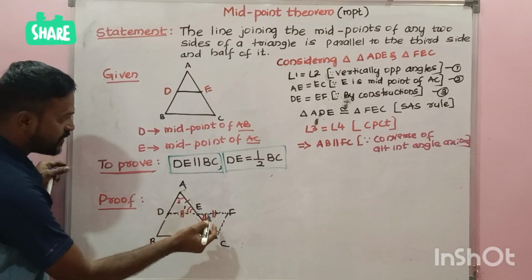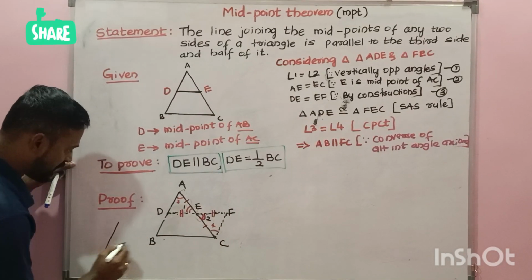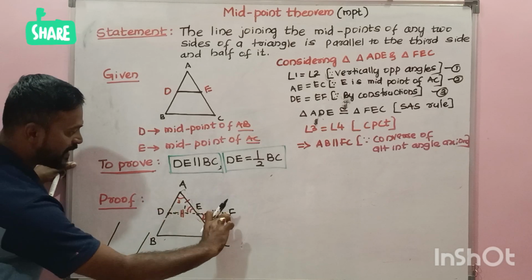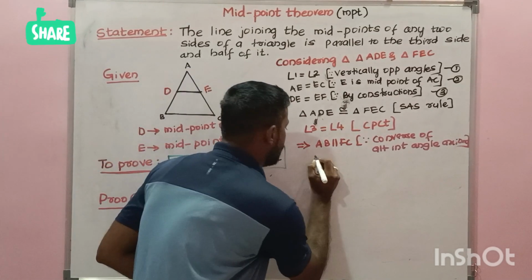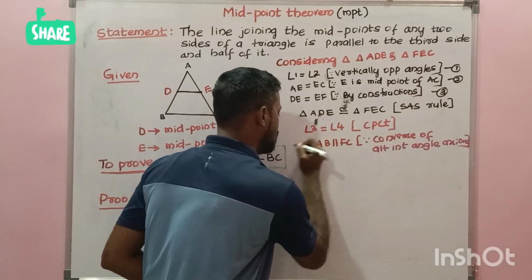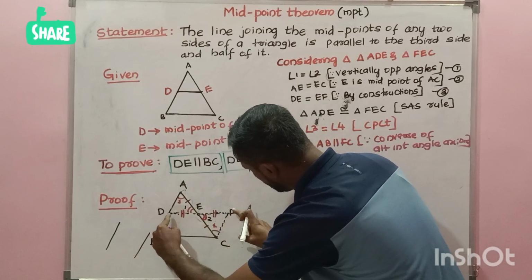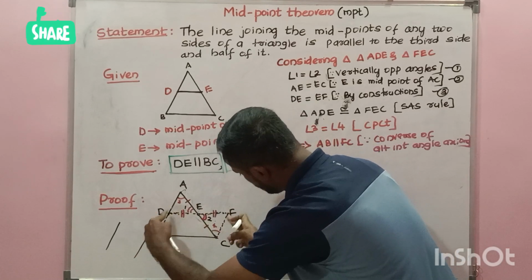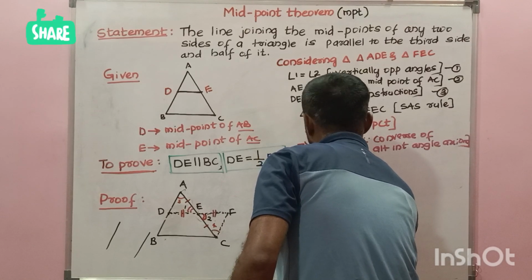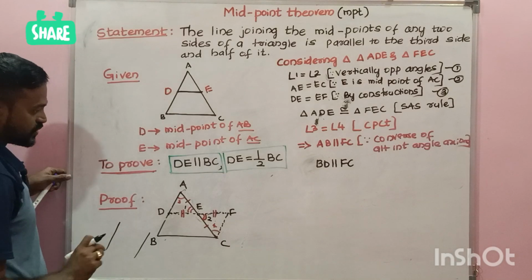Therefore, if AB is parallel to FC, then BD must also be parallel to FC. So BD is parallel to FC. This is one thing.